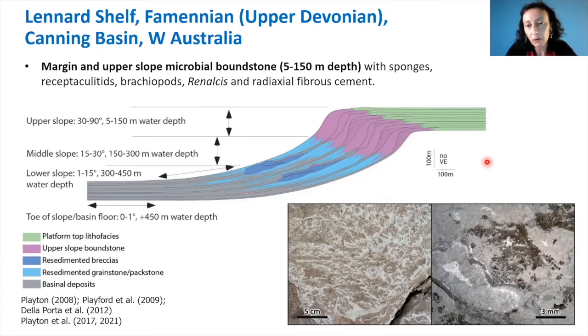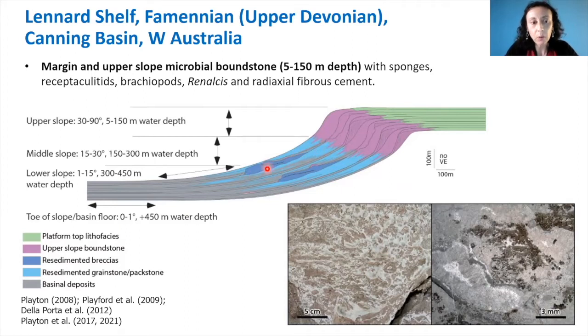The color codes of the diagram are similar for this and the future diagrams. In green, there are reported the platform top lithofacies. In pink purple is indicated the margin and the upper slope dominated by microbial boundstone.